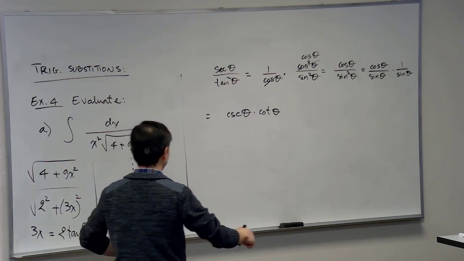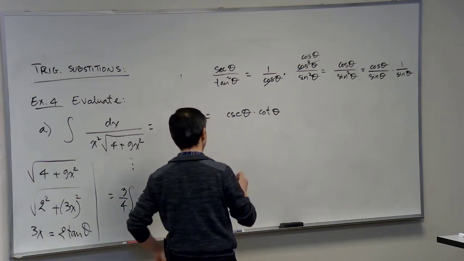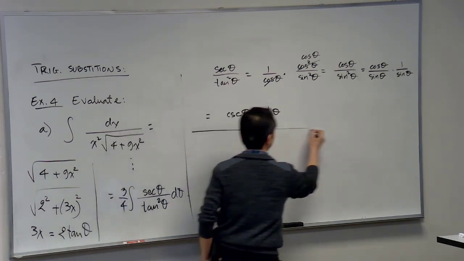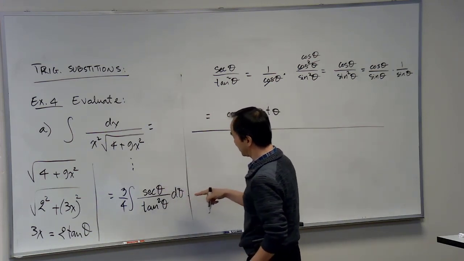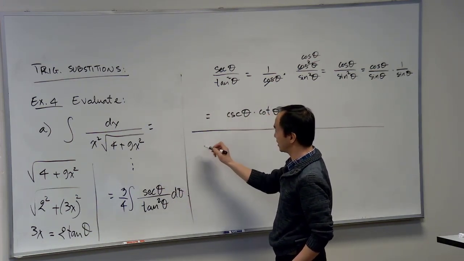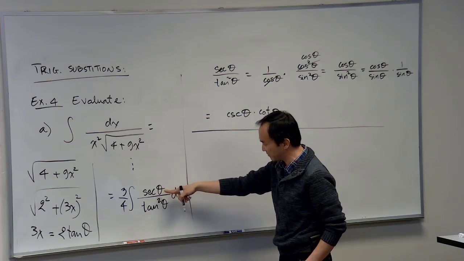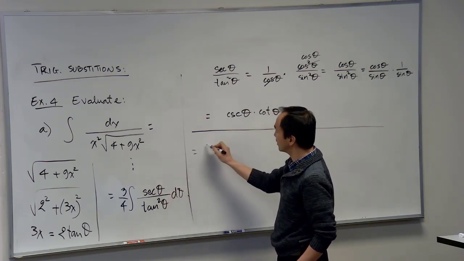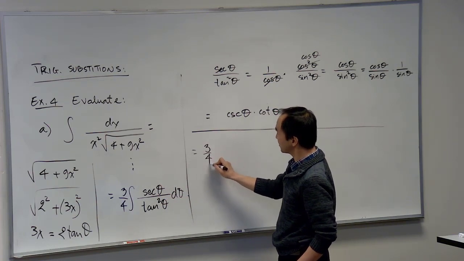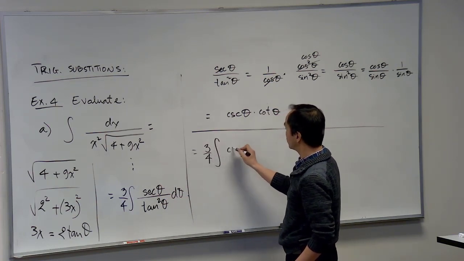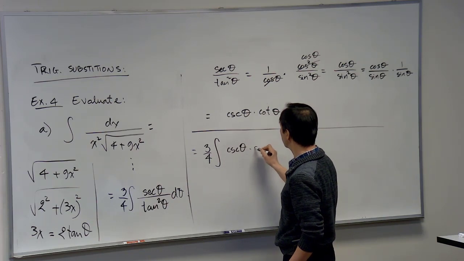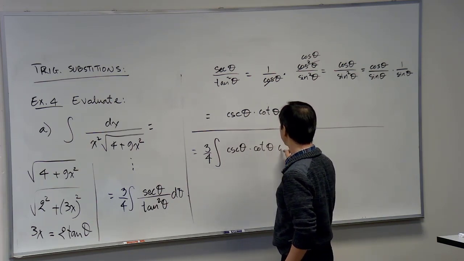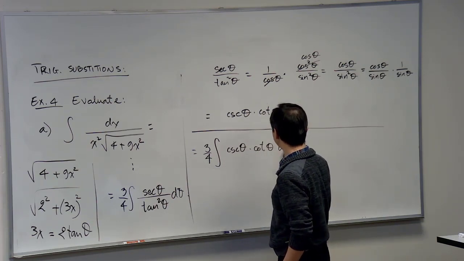But now, after that quick algebra work right here, what's useful about doing that? So that means this integral work right here. Currently we've gotten to that 3/4 integral of secant theta over tangent squared theta. We can move on to the next step, making it a 3/4, and then now I have a cosecant theta times cotangent theta d theta.